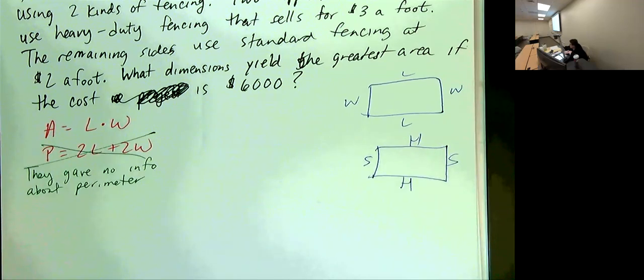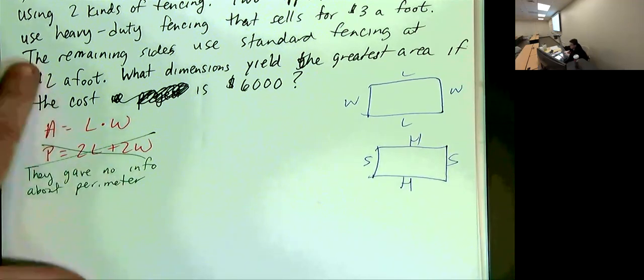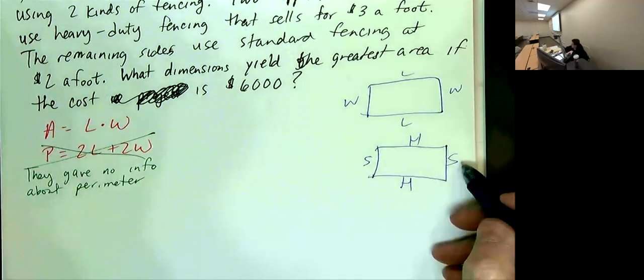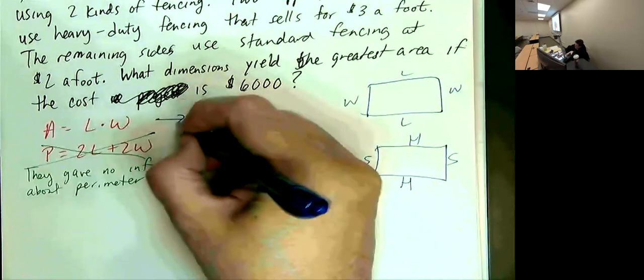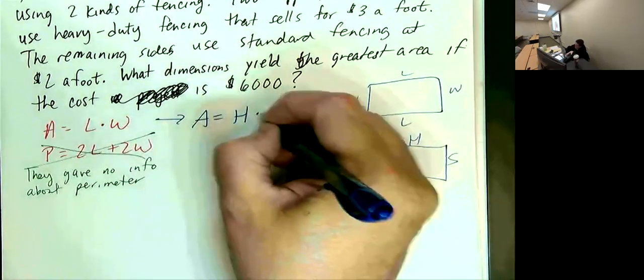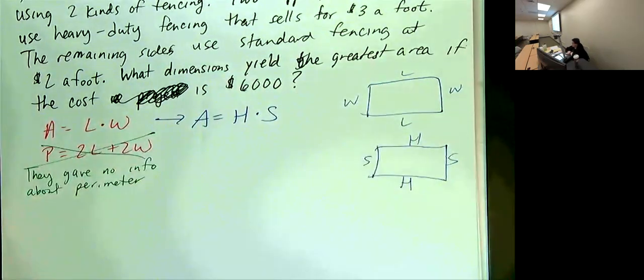Which one uses the heavy duty fencing? That's going to change what I do. And I tried to work with that for a while and got nowhere. And then I go, why don't I just relabel these heavy and standard? And so area becomes H times S. So don't think of it in terms of length and width. Think of it as heavy side versus standard side.